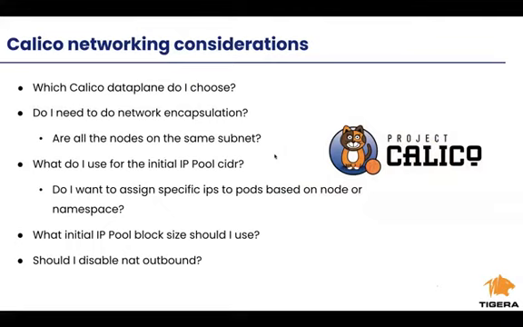From the Calico networking considerations, Calico has several different data planes. We've been working on our eBPF data plane, which is available in Calico open source today. We also have the standard Linux data plane, and we also have recently open sourced Calico for Windows, which is another Calico data plane that we make available to you.